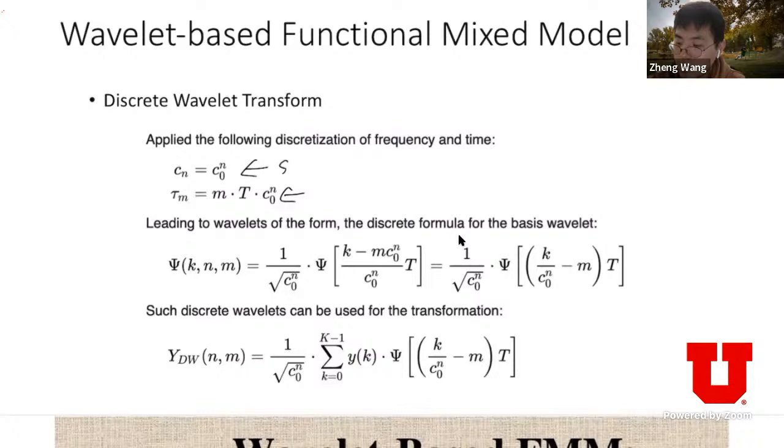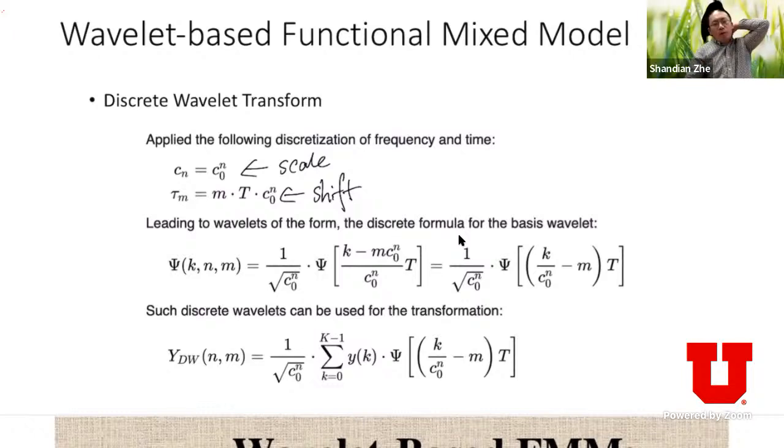This one should be the scale factor, and this one should be the shift factor. By discretizing them, we can get a discrete formulation of the transform. But it looks like it's much more convenient and easier to just apply a wavelet transform.